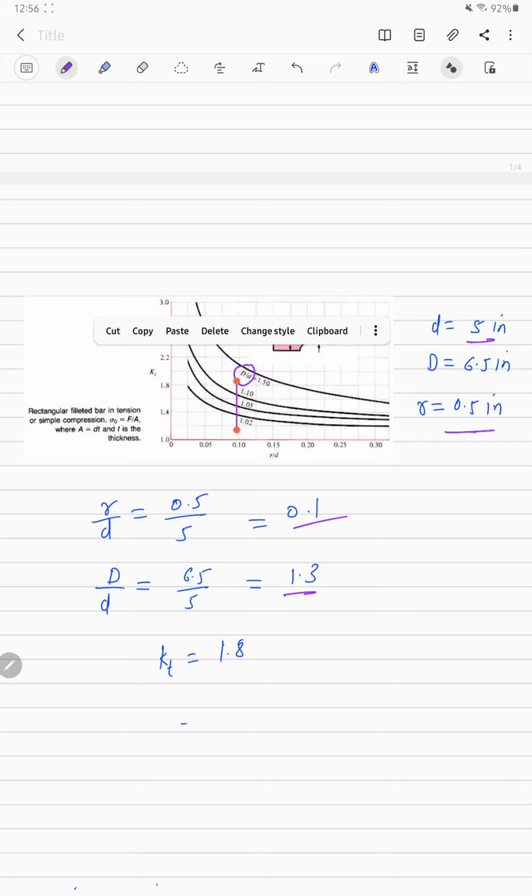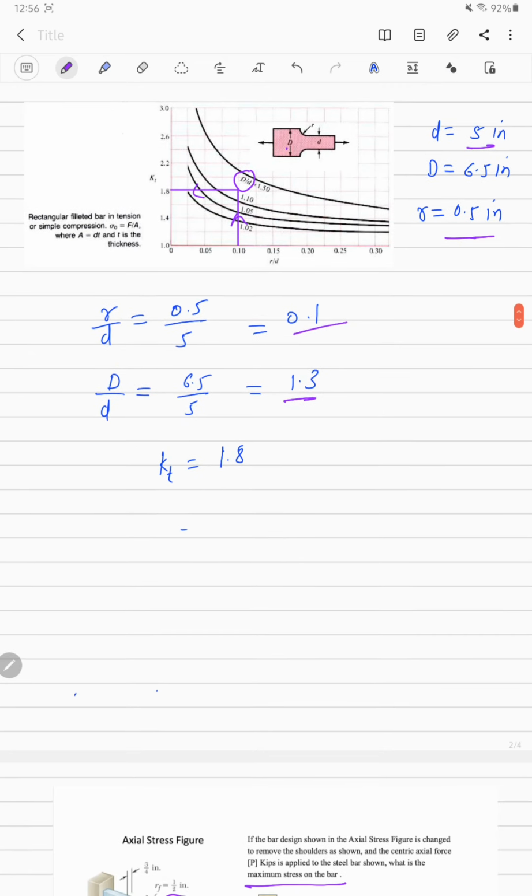We can extend this line and interpolate the values. KT will be around 1.8.